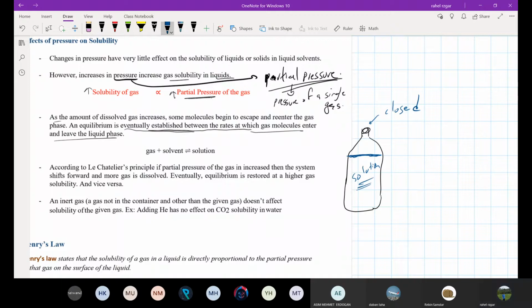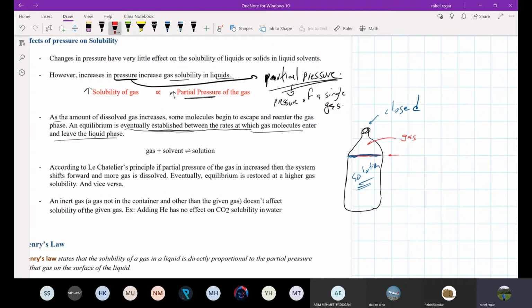But there are still some gas particles trapped here, like this. These gas particles apply pressure on the surface of the liquid, and they form an equilibrium.